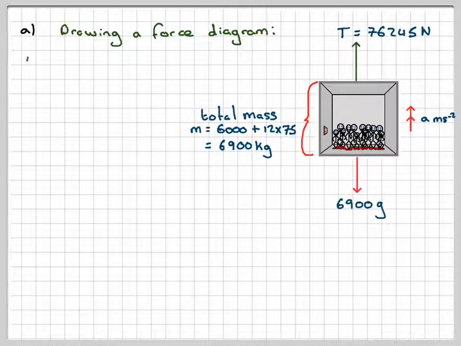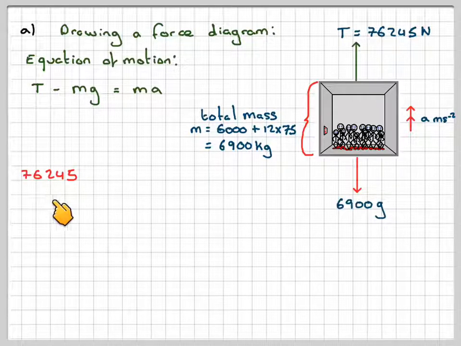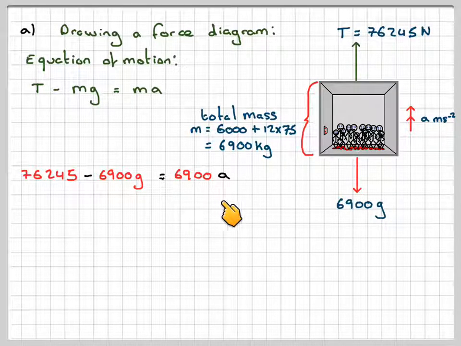76,245 newtons. So using the equations of motion, as it's going upwards, we have T minus mg, which is this one here, equal to m times a, and we're using Newton's second law of motion here. So we've got 76,245 minus 6,900g is equal to 6,900 times the acceleration, which we've got to find.